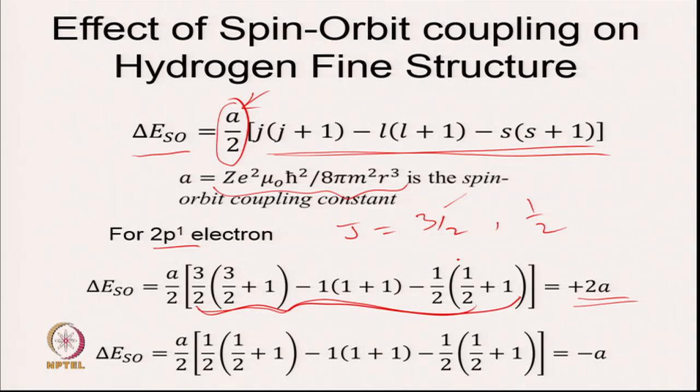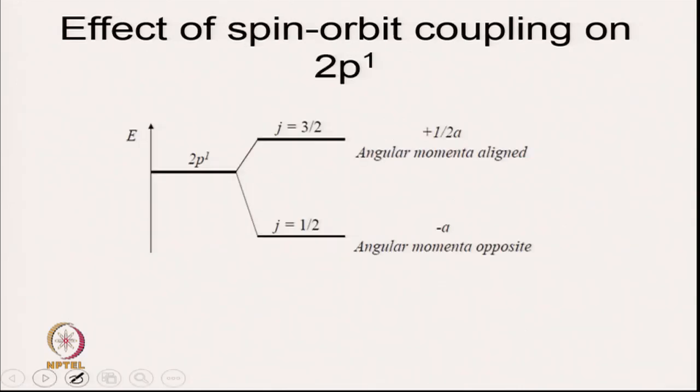Here 2p1 means L is equal to 1 and S is equal to half. This is going to be the same, the only thing that changes is J, which is 3 by 2 or half, and that is why you get two values of delta E S O: plus 2A and minus A. So now you know the effect of spin orbit coupling on the 2p1 electron.